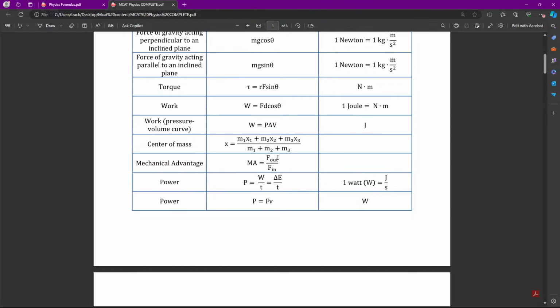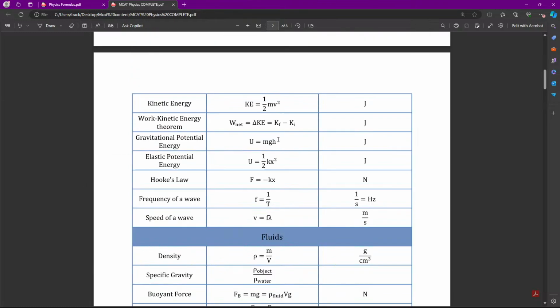That makes sense. Kinetic energy is 1/2 mass v squared. Work kinetic energy is delta K. Gravity potential is U equal to mgh. Elastic is equal to 1/2 k x squared. Hooke's law is F is equal to negative k times x.